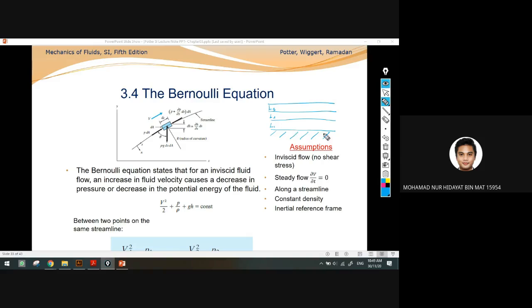Because of the surface, it tries to restrict the flow, it tries to restrict the flow back. So the flow at layer number 1 is harder, more difficult to flow because of reaching the surface, because of the friction. So layer number 2, what happened?